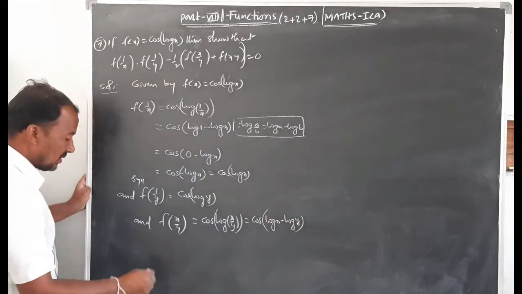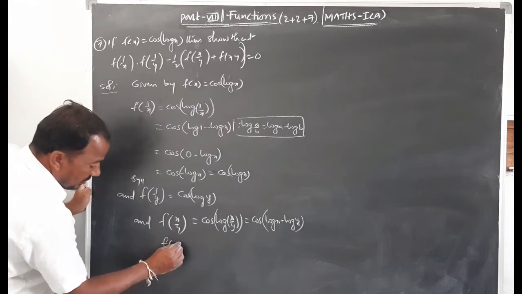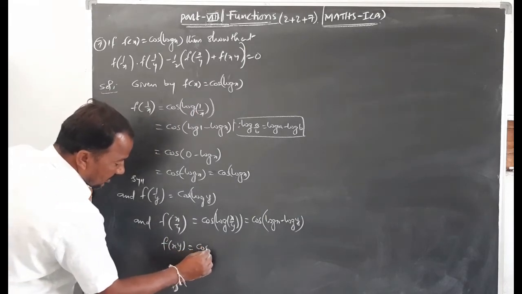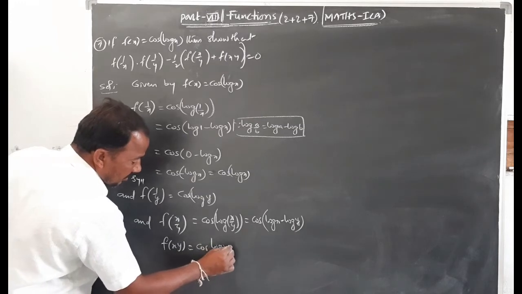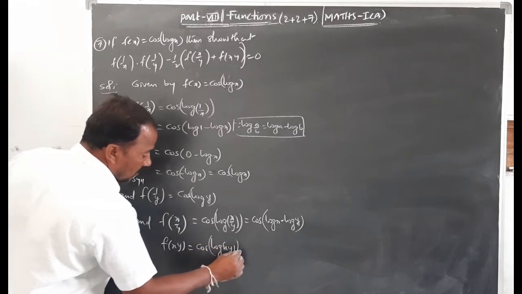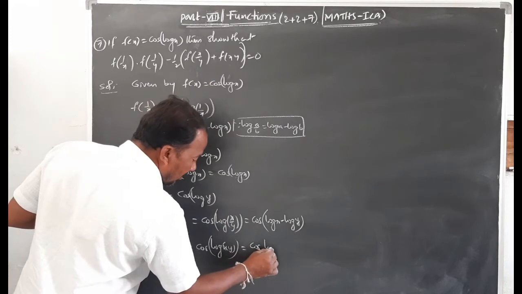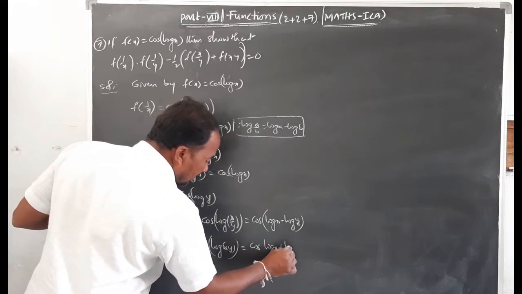F of xy is cos of log xy, which equals cos of log x plus log y.